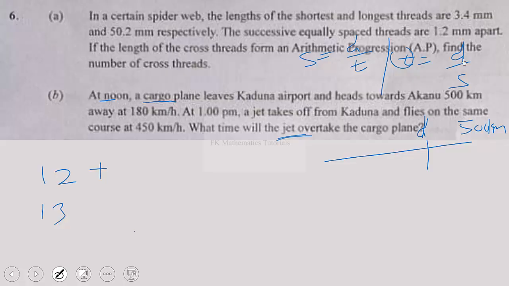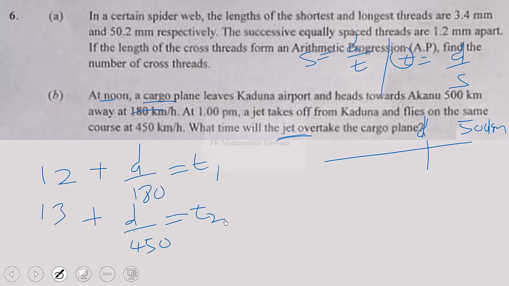We don't know it, so it's d, but we know the speed, which is 180. So this is the rate of change of time for the cargo plane. So the equation that models that of the jet plane will be d over 450 plus 13, t2. So at the time that they met, the t1 and t2 should be the same.